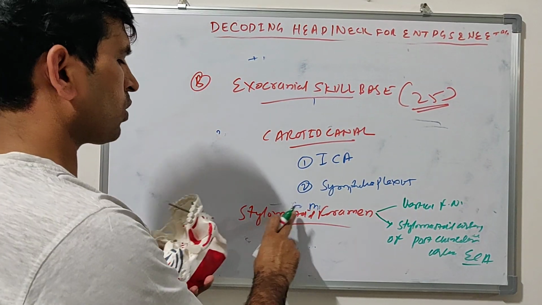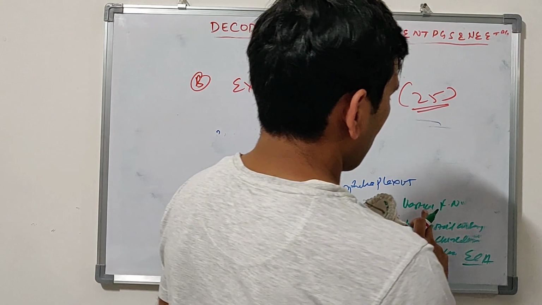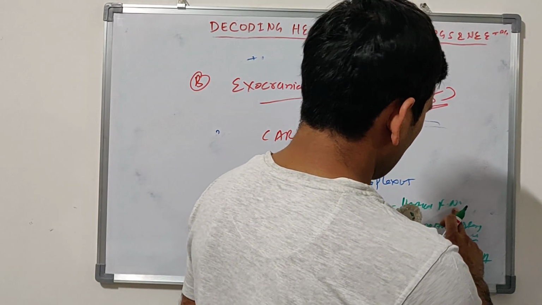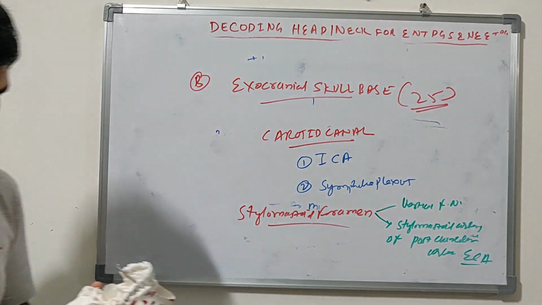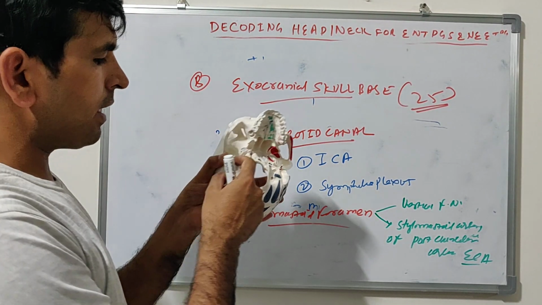So the structures passing through the stylomastoid foramen are the vertical part of the facial nerve and the stylomastoid artery.